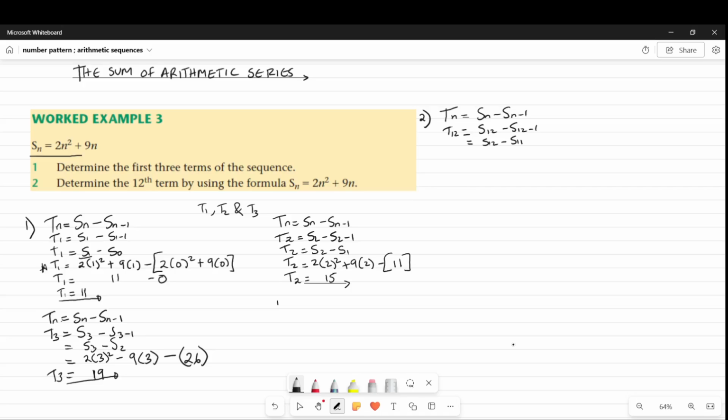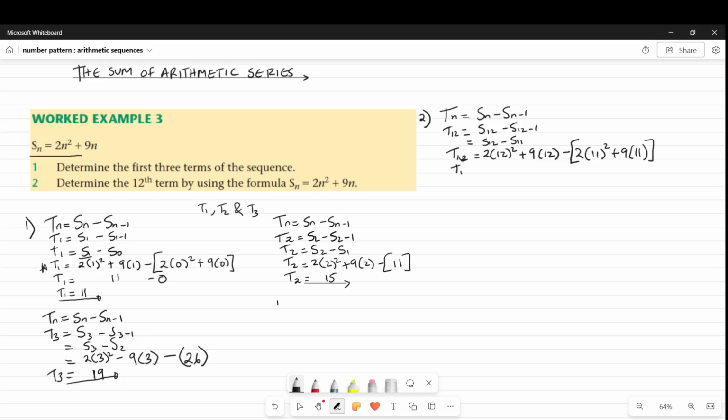So T12 is equal to 2(12) squared plus 9(12), minus [2(11) squared plus 9(11)].